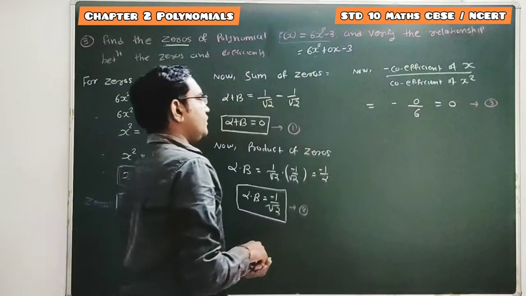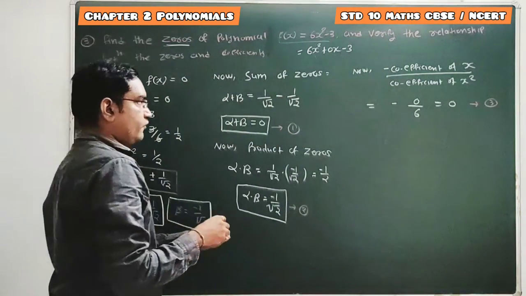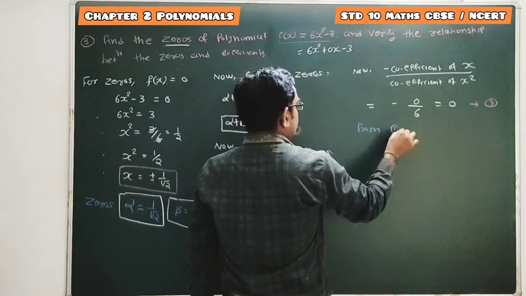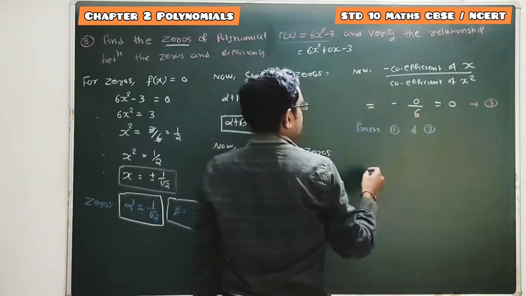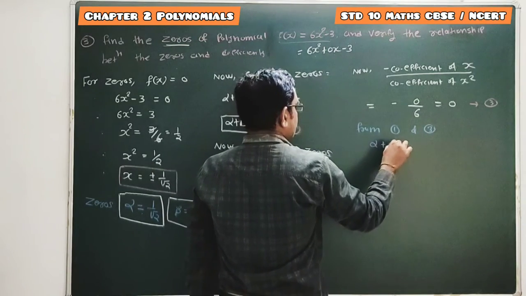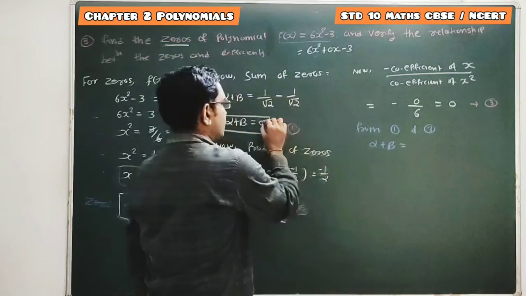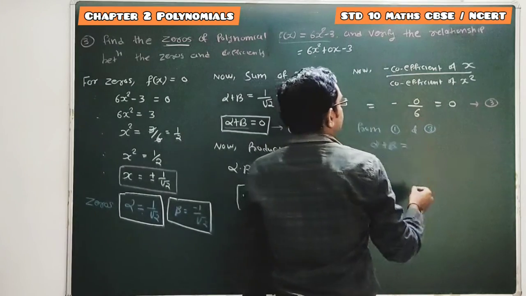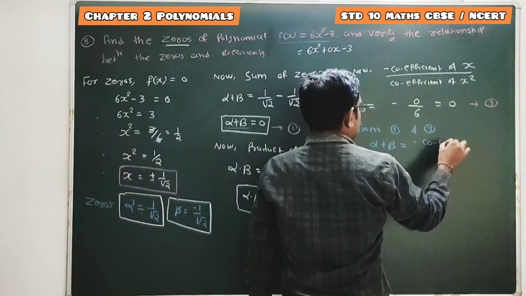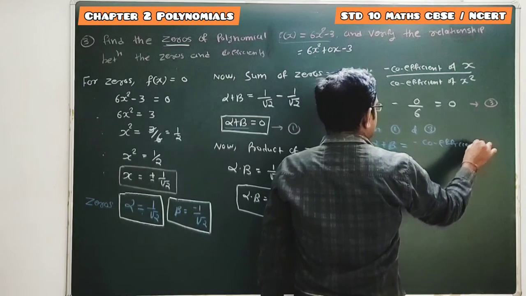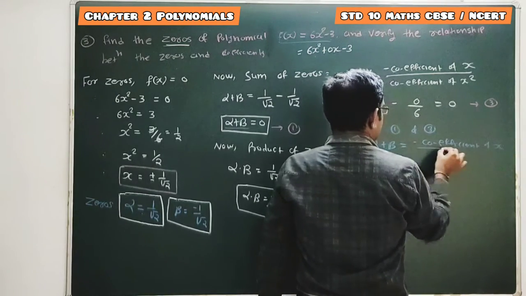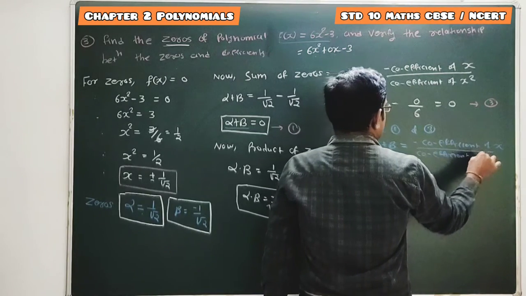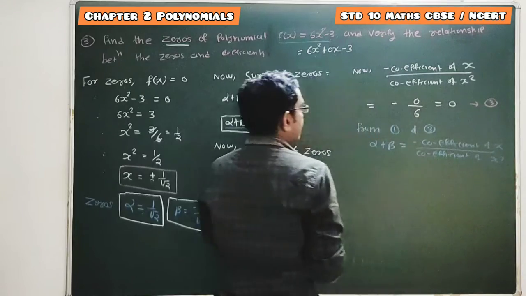So from result 1 and result 3, we can say the sum of zeros, alpha plus beta, is 0, and therefore we can say the sum of zeros is nothing but minus of coefficient of x divided by coefficient of x square. Done.